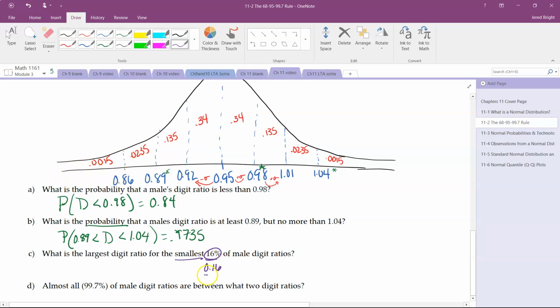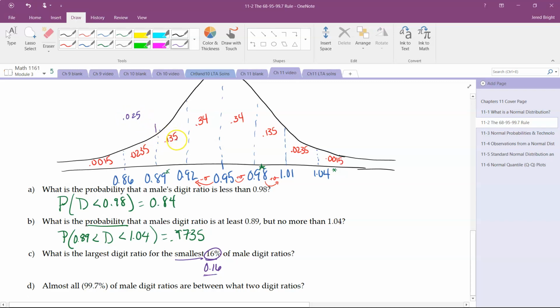And so I'm looking for an area that is 0.16. I don't have it, right? But if I start, I say, well, less than 0.86 is this 0.0015. If I tack 2.035 onto that, that's up to this point, it's 0.025. So 2.5%.